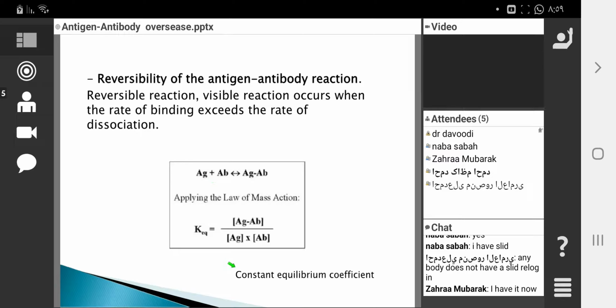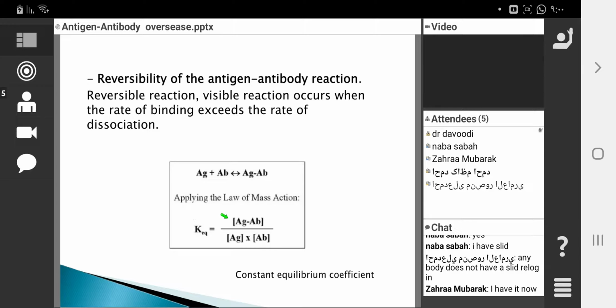And here we have the equilibrium constant, which is the concentration of immune complex, or antigen-antibody complex, divided by the concentration of antigen multiplied by the concentration of antibody.